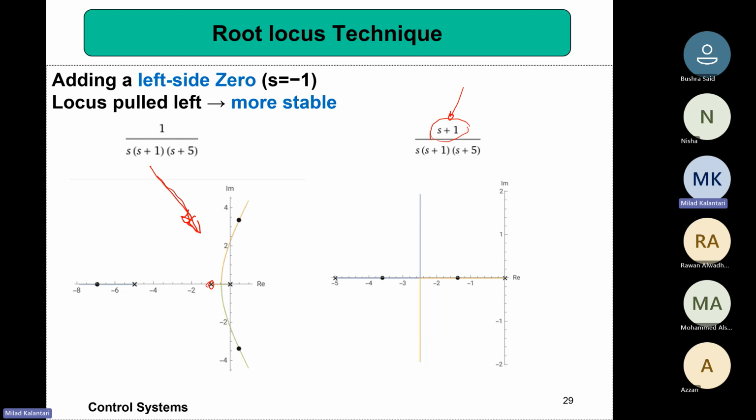Then what will happen if we put the zero on the pole? Yeah, they will cancel each other, right? From the open loop, you can easily tell that this will cancel this, right? But even if you don't consider that, you can assume that the pole and zero are on top of each other, right?